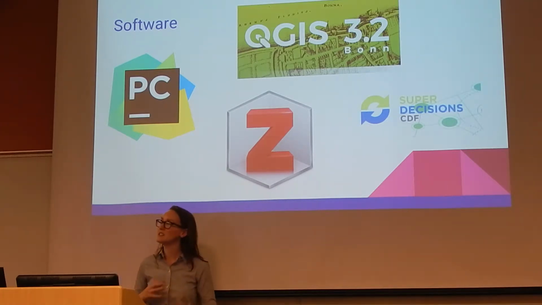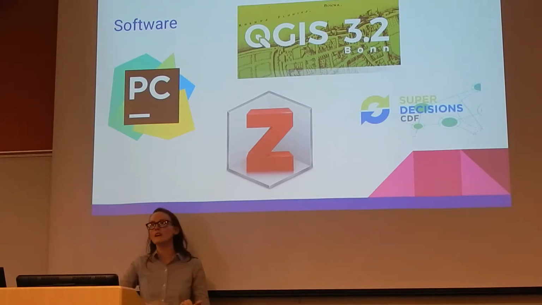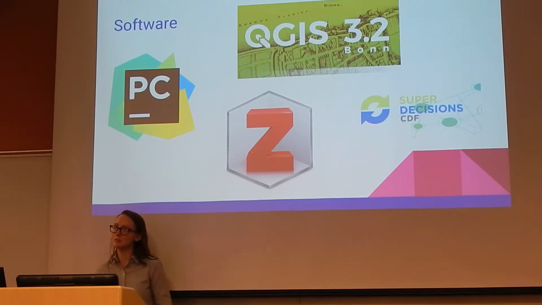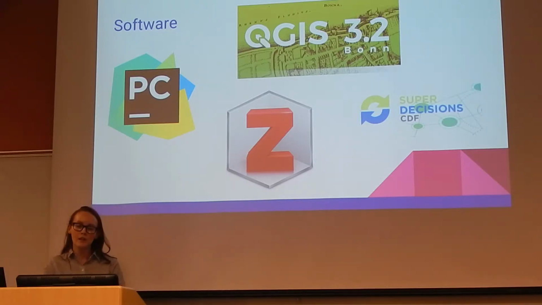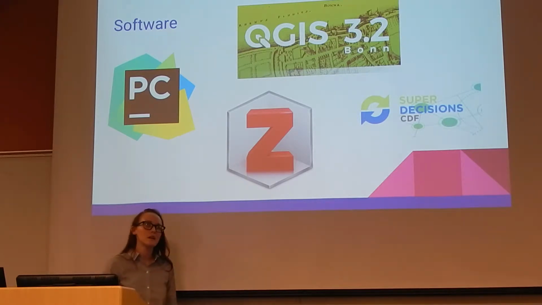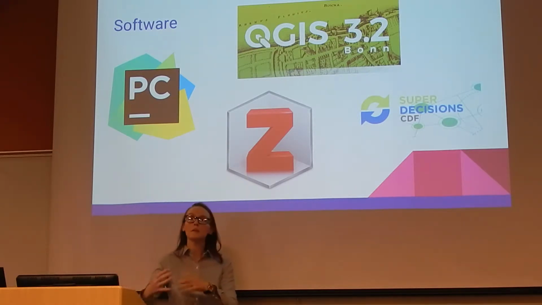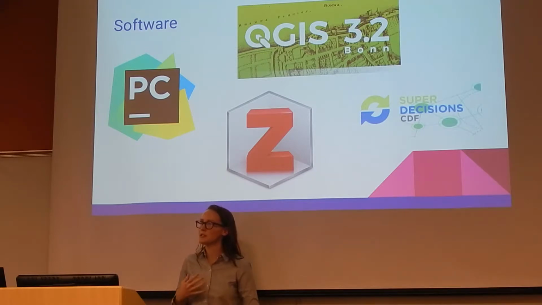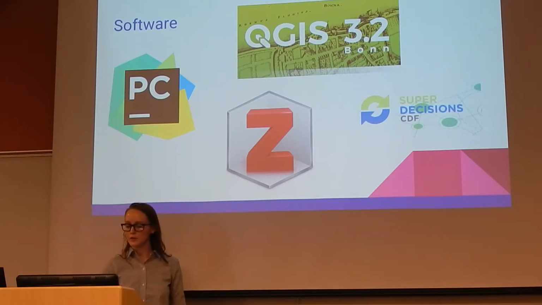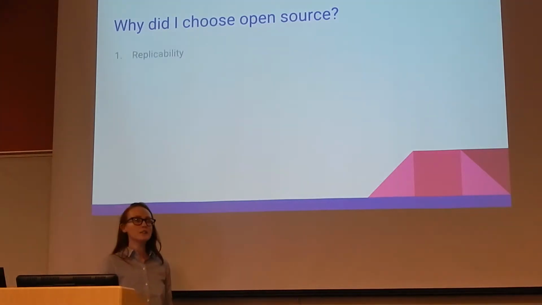And again, this is really data driven. It's not only quantitative data, but I also have at least 200 different sources of literature going into this. So I needed a way to house that. And also Super Decisions, which is a software that allows you to make, and I'll explain it a little more, but it essentially allows you to make decisions in a really intense workflow like this, using a lot of different metrics. So why did I choose open source?